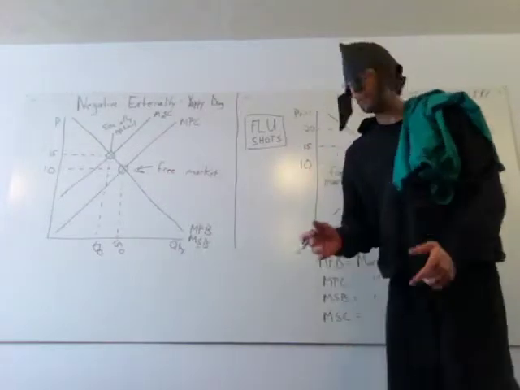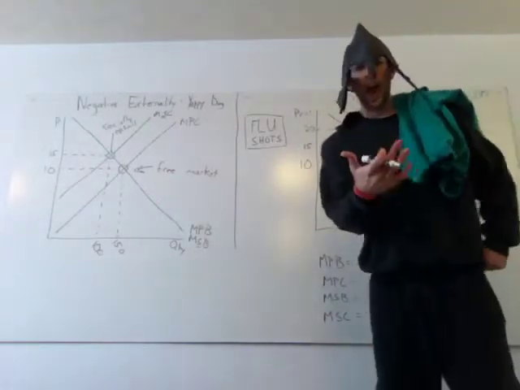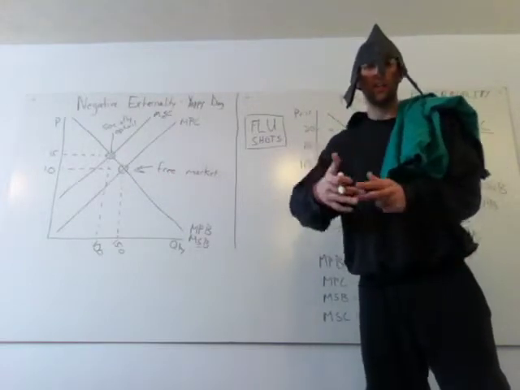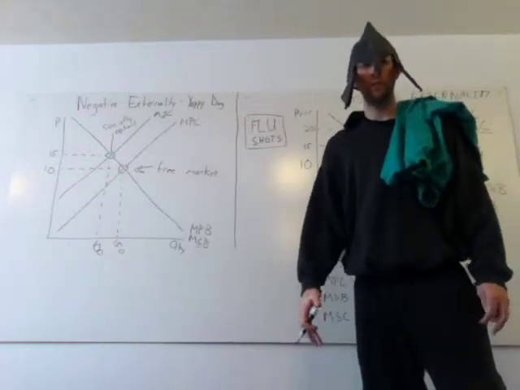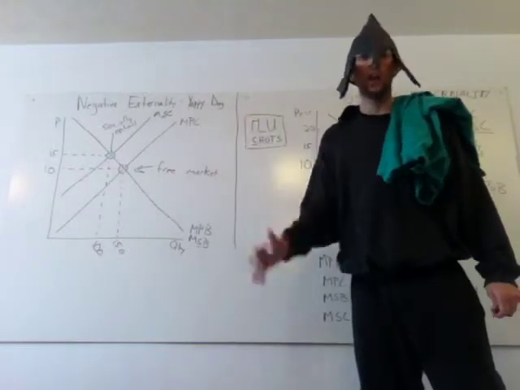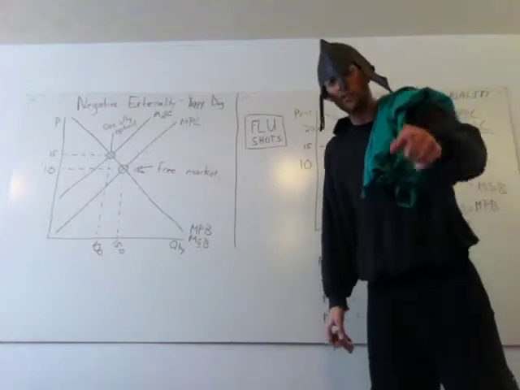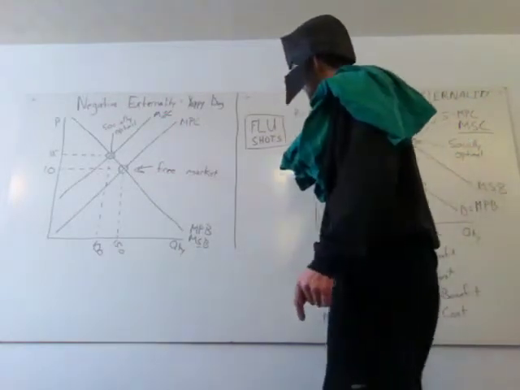Now, the same thing applies here. They're going to ask you to look and identify a certain quantity and then tell them, hey, what's the marginal private benefit, marginal social benefit, etc. So here's, I'm going to write this up on the board. Again, extra credit if you can do this here. So let's see.